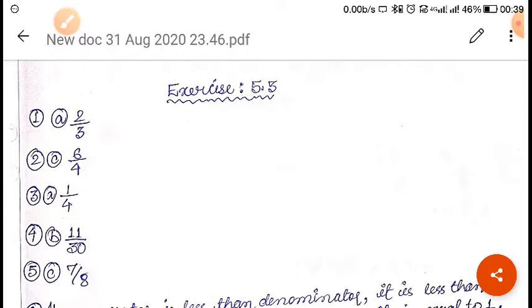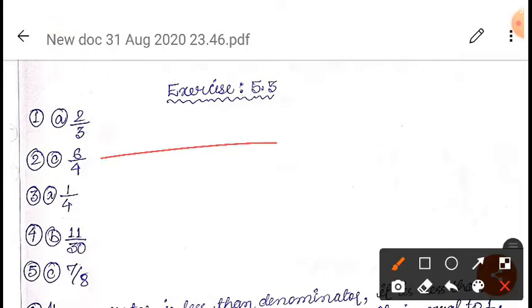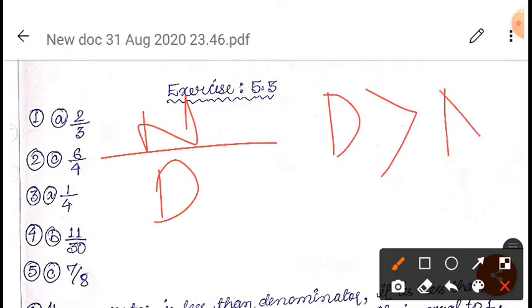The simple trick is that if the denominator, this one is the denominator and this one is the numerator, right? So if the denominator is greater than the numerator, then such a type of fraction is called a proper fraction.